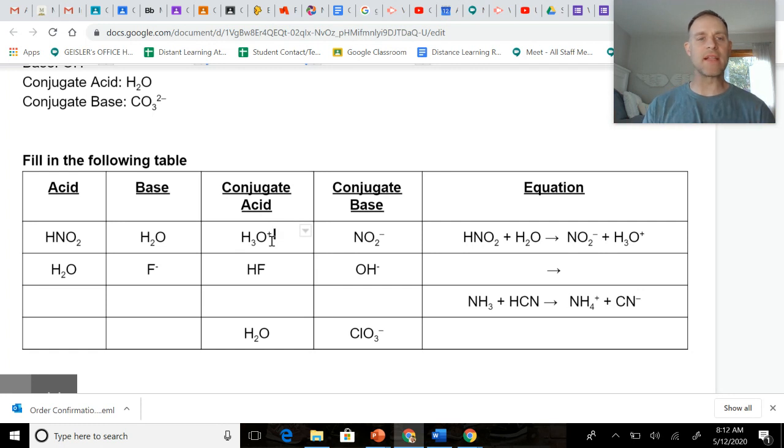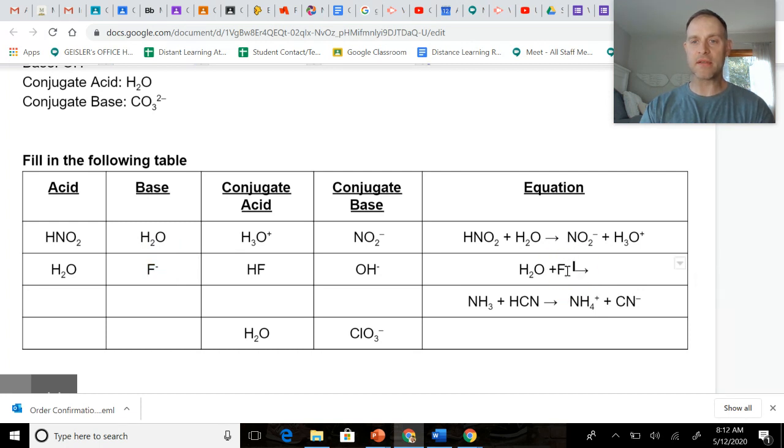Now, next line, I gave you the acid, the base, the conjugate acid, the conjugate base. Where do they go in the equation? Well, hopefully you've realized the acid and base are always on the left side of the arrow. So all I have to do, all right, here we go. Copy, paste. There's my acid. Add to that my base.